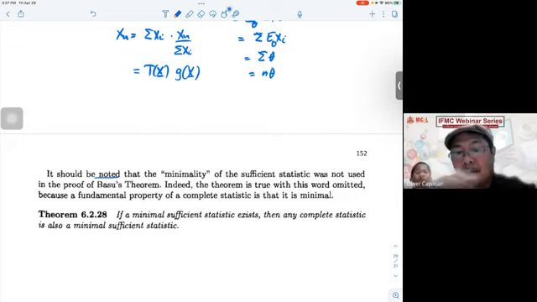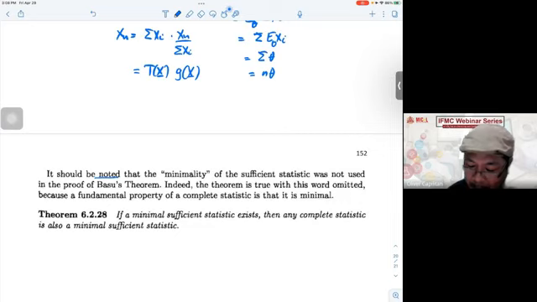But the converse is not necessarily true. Kapag minimal siya, kahit sufficient pa siya, it would not imply that it's complete. So if a minimal sufficient statistic exists, then any complete statistic is also a minimal sufficient statistic. Pag complete nga siya, it's actually minimal at the same time sufficient. That's according to our definition, to our theorem.